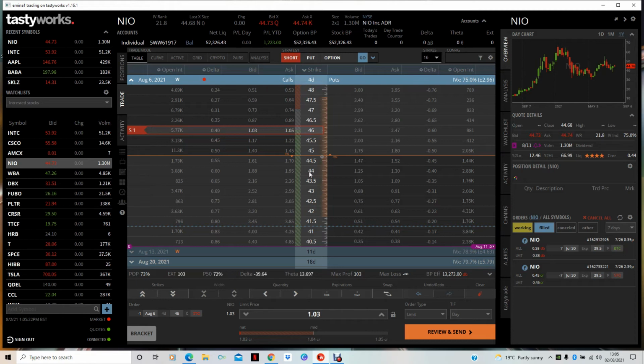Because remember, I bought it at 44, I'm going to sell it at 46, so I'm going to make $2 per share times 100, $400 on this trade. So in total, worst case scenario, I have to sell Neo at $46 by the end of the week. I'll have made $400 on the capital appreciation and $103, so $503 in this trade, just this one trade.